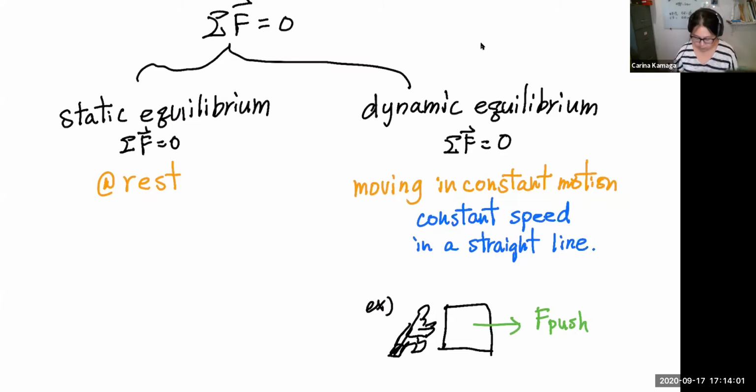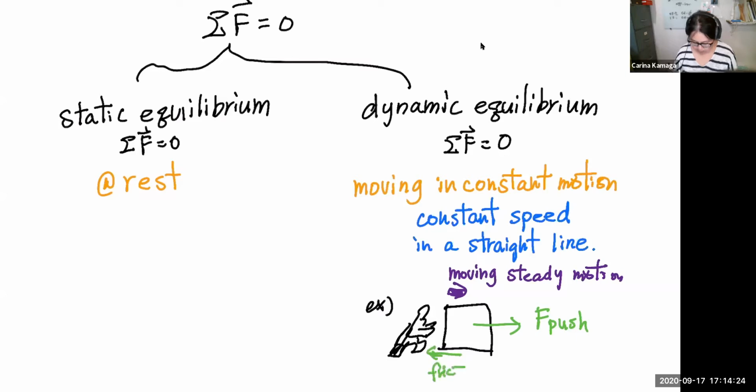It could be moving, so it's in motion, moving steadily. It's a steady motion, this box. So you have a push force, and there is another force, which is the friction force. They happen to be equal in magnitude and in the opposite direction.